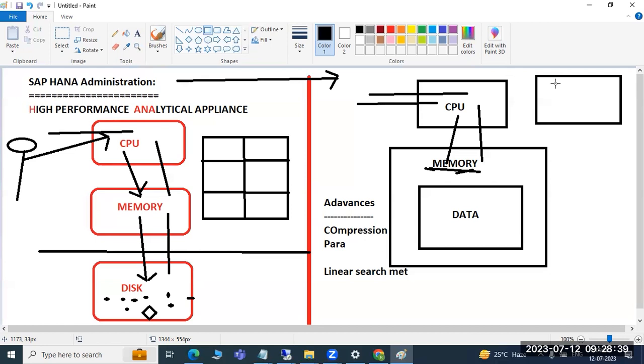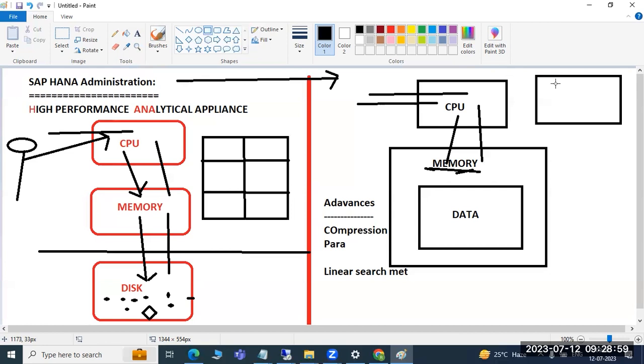So that is one of the advantages of a column oriented columnar database. HANA is an in-memory column oriented columnar database. By design, it has only column oriented storage, and all the business data is stored in columnar stores only.